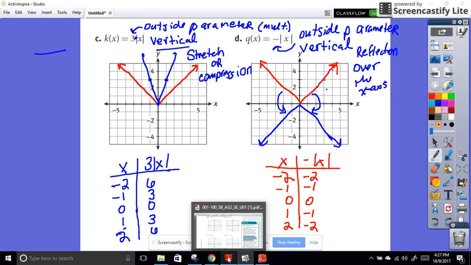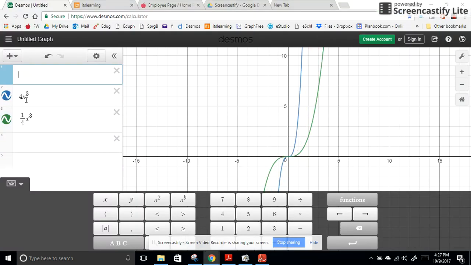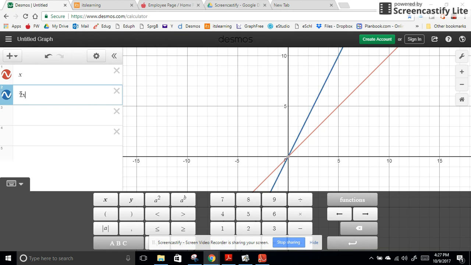So let's go to Desmos and see if we can make some predictions, okay? Parent function. Okay, let's do something simple like y equals x.